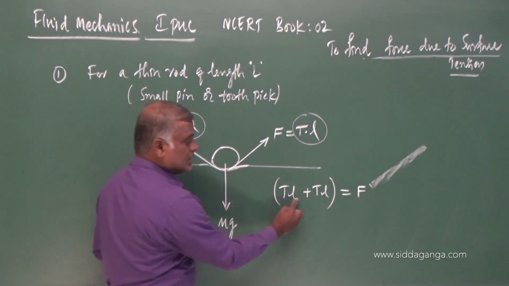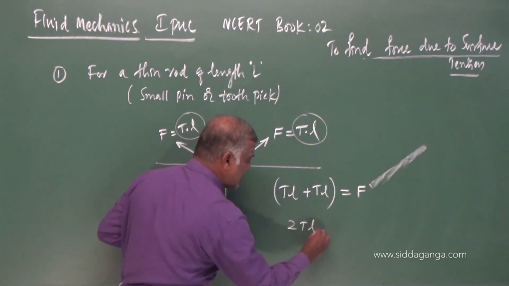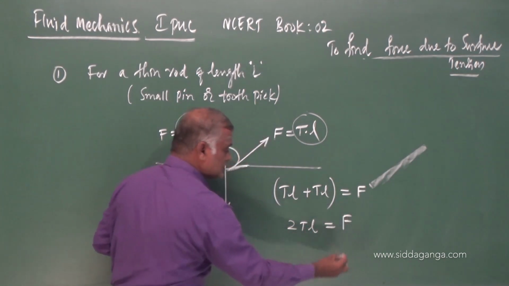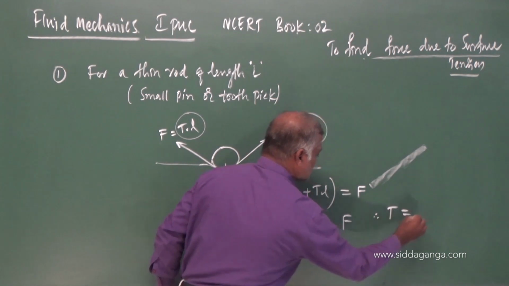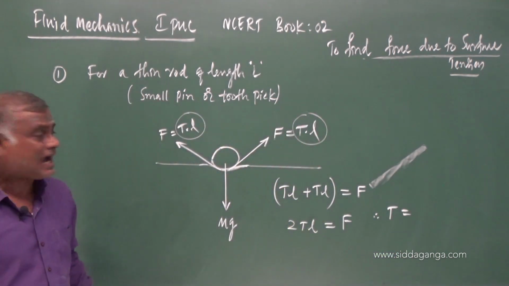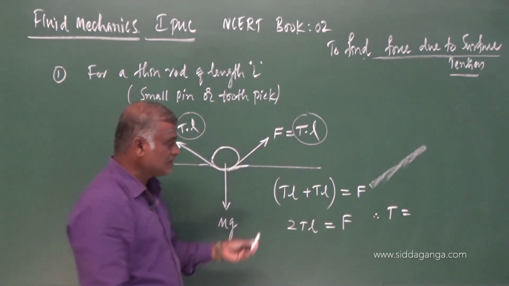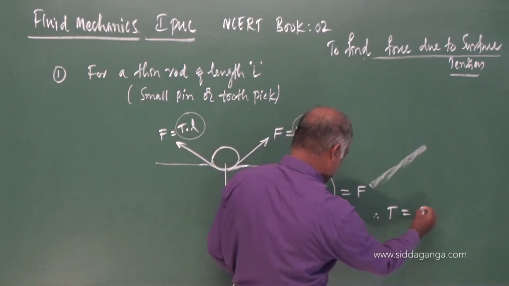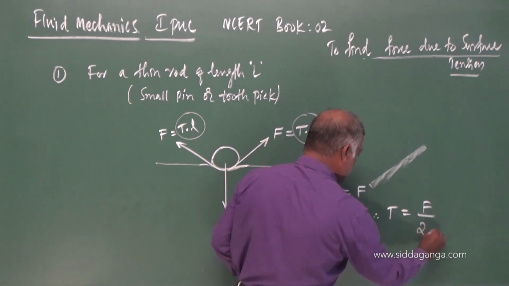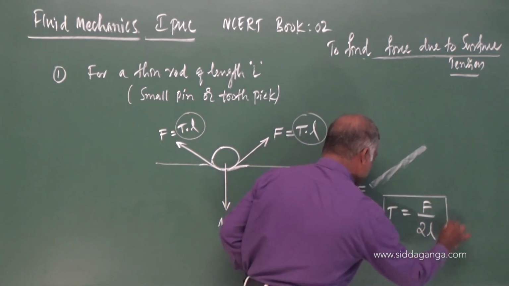So TL plus TL is 2TL, that is equal to the force. Therefore, the surface tension acting on the thin rod placed on the free surface of liquid is given by the formula F divided by 2L.